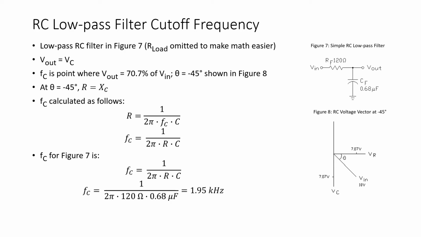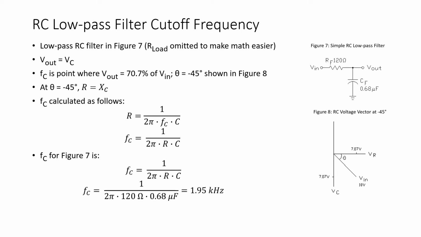So Vout equals Vc. And looking at the vector diagram for voltage in a series RC circuit shown in Figure 8, note that when the phase angle of the circuit is negative 45 degrees, the output, which again is the capacitor voltage, will be 70.7% of the input voltage.